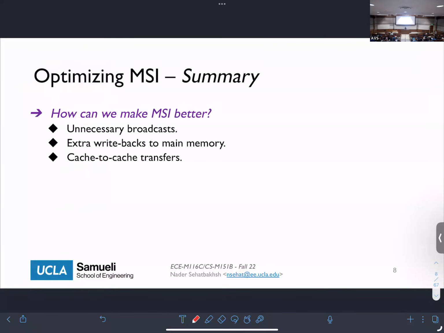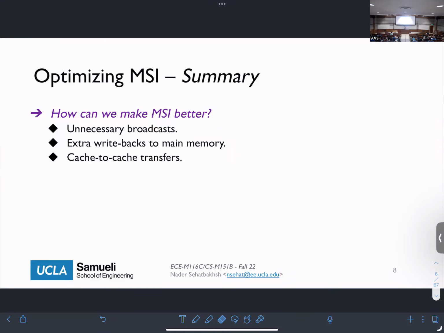All right. So to summarize, basically what we did was add states in order to make multiple improvements in our performance. We eliminate unnecessary broadcasts, for example, through having an exclusive to M state. We eliminate some of the additional write-backs that we really don't need to do.